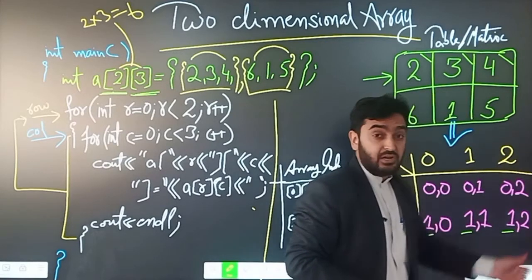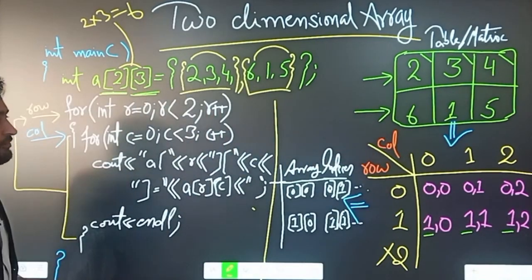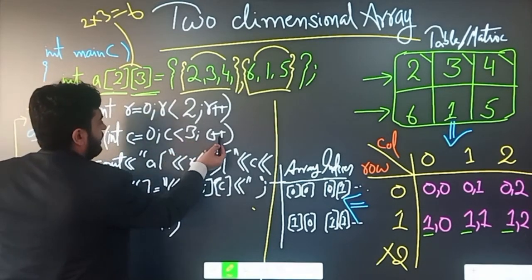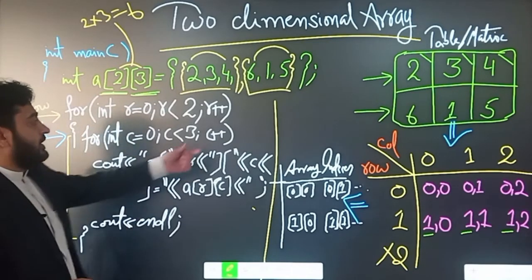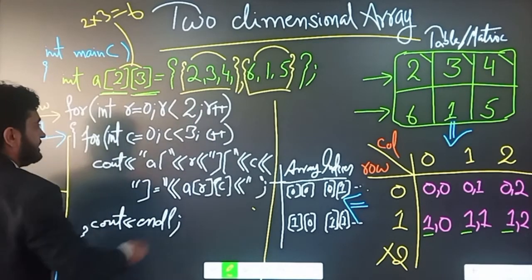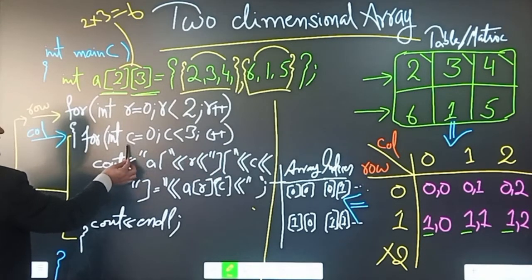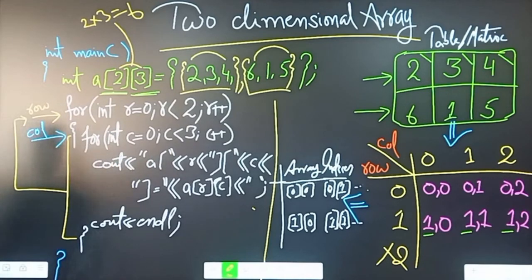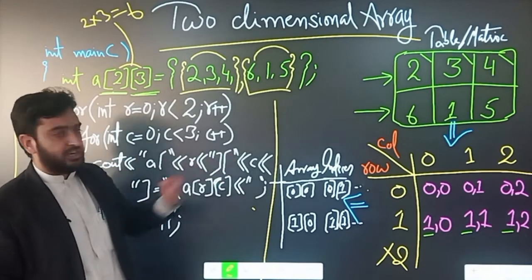But when it becomes 3, that is not acceptable because we don't have any column with index number 3. So less than 3, and then we are incrementing c by 1 using the increment operator. Okay, so this is the update statement, this is the conditional statement, and this is the initial declaration and initialization statement.